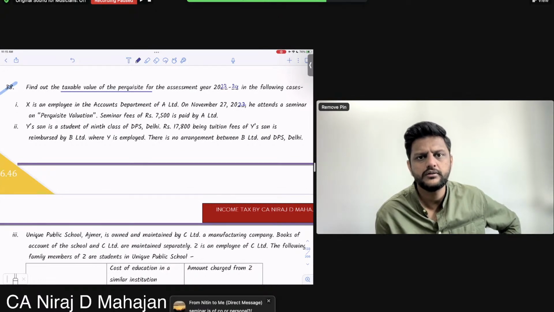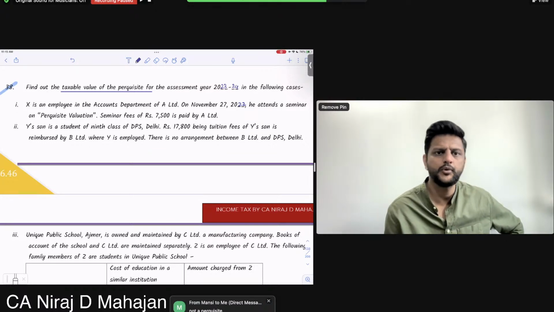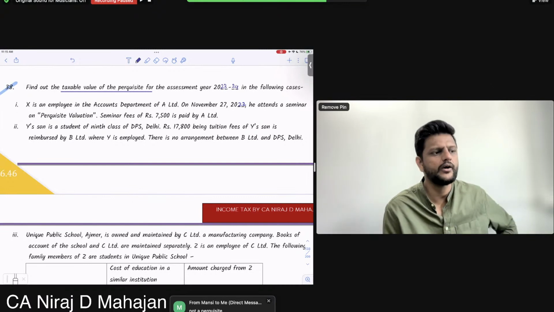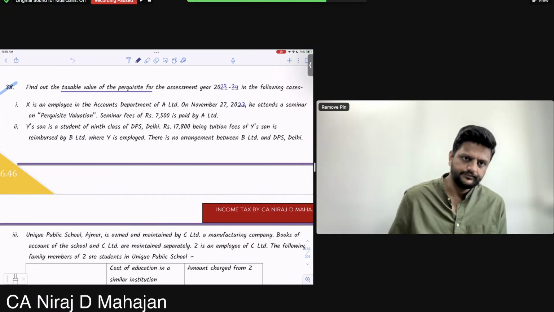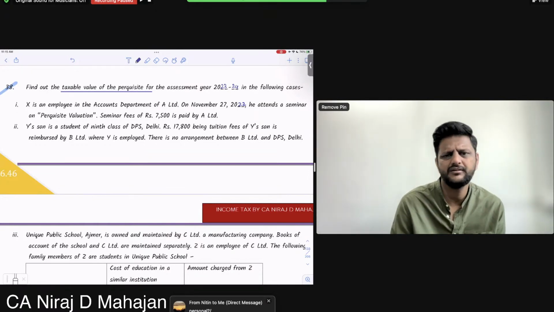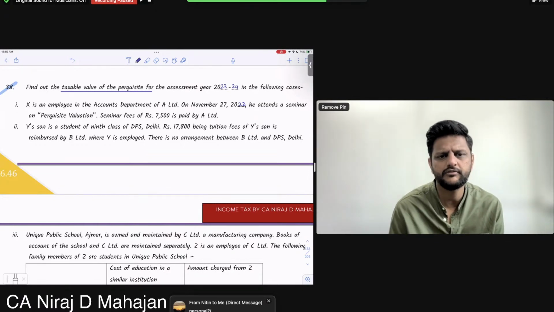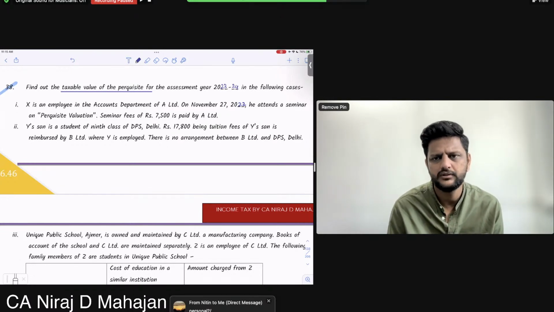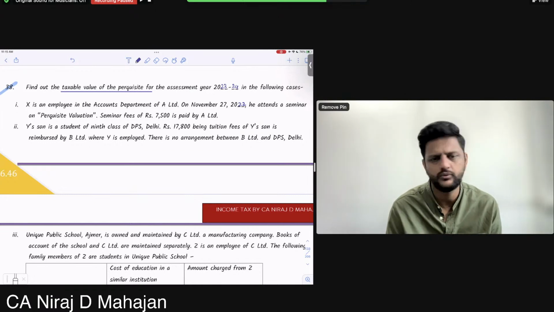What do you think, Nitin? He is an employee of the accounts department, accounting and finance. No, not personal. Why will he do a personal seminar for perquisite valuation? He is in the accounts department, accounting, so that is okay. It will be useful for his work.